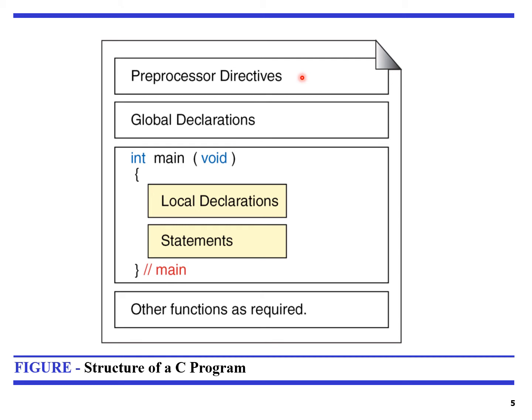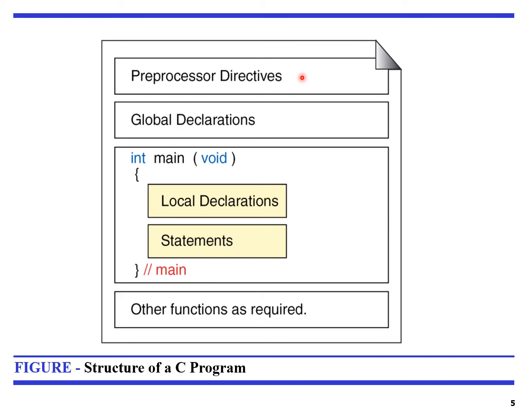All preprocessor directives begin with a hash, and only whitespace characters may appear before a preprocessor directive on a line. Preprocessor directives are not statements, so they do not end with a semicolon. For example, hash define defines a sequence of characters called a symbol.